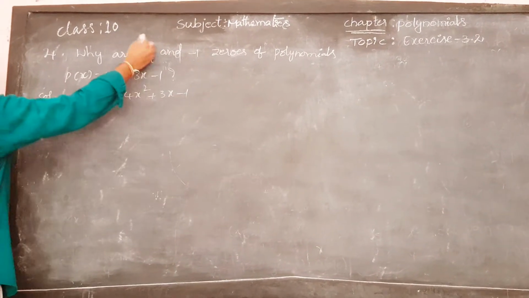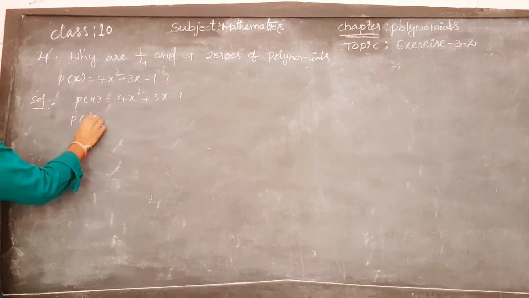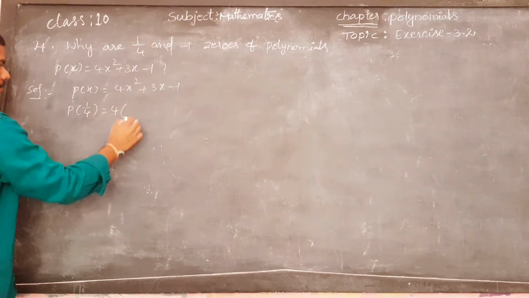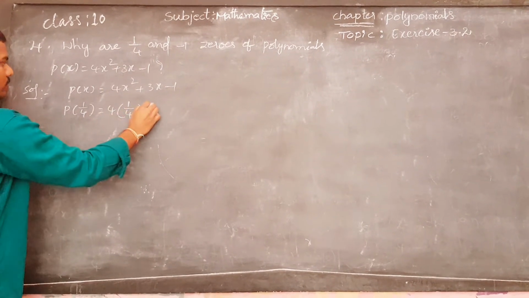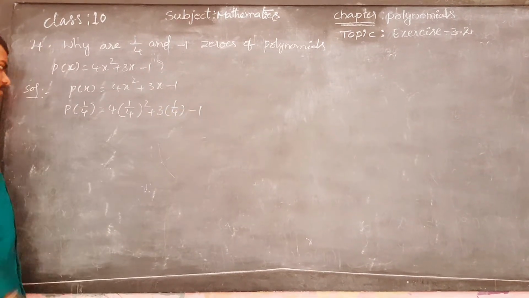Here substitute 1 by 4 in place of x. p of 1 by 4 can be written as 4 into (1 by 4) whole square plus 3 into 1 by 4 minus 1.